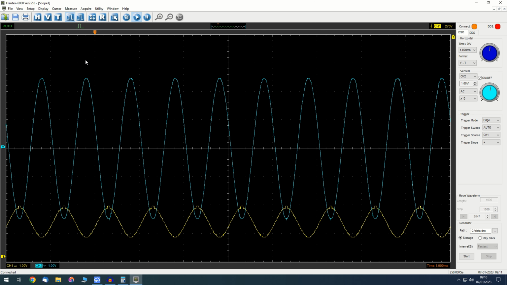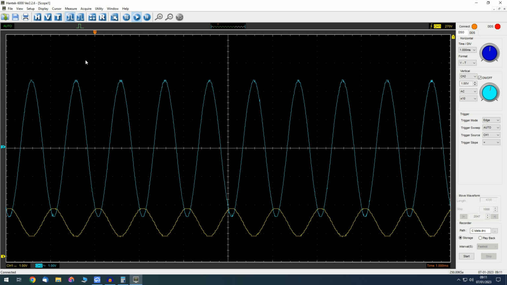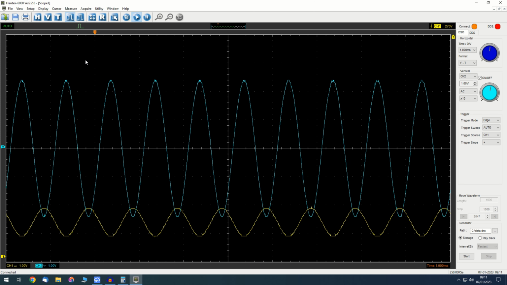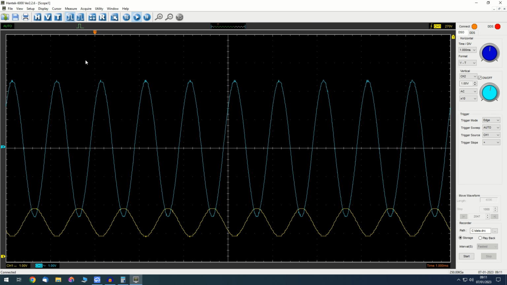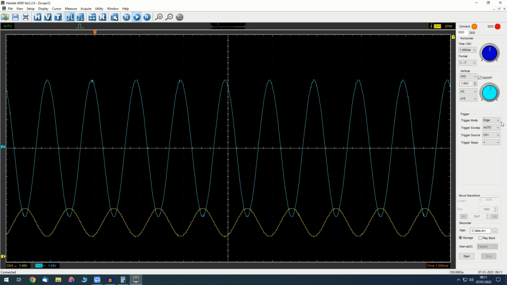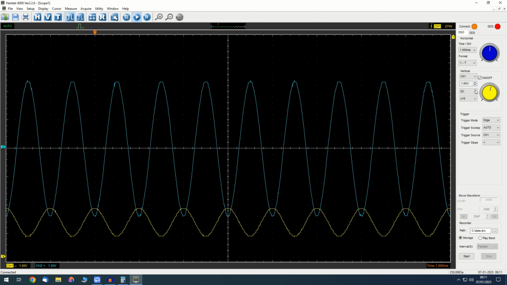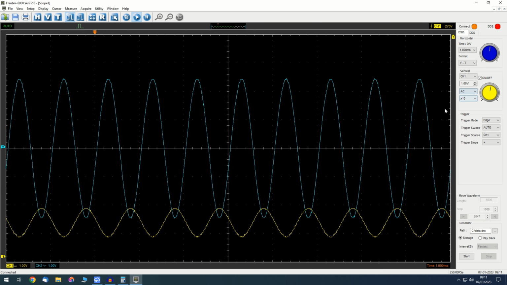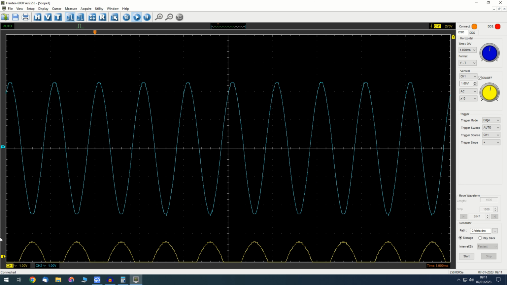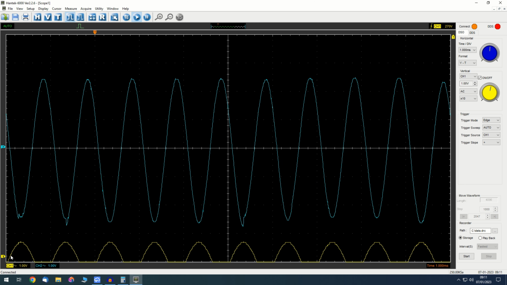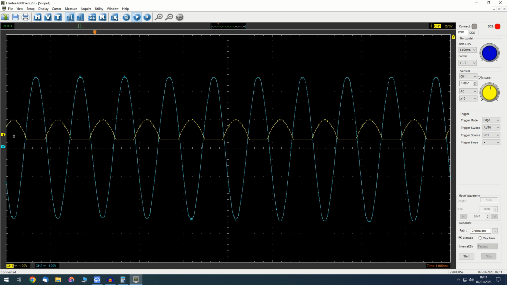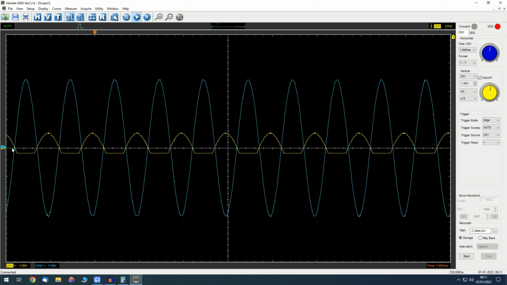In fact, if I set that up now, we've got almost exactly 1 volt input. And I can change channel 1 to AC as well. So that's centered around 0. And the mouse is off the edge of my mouse mat, which is making it difficult to move things. Set that to 0 as well.